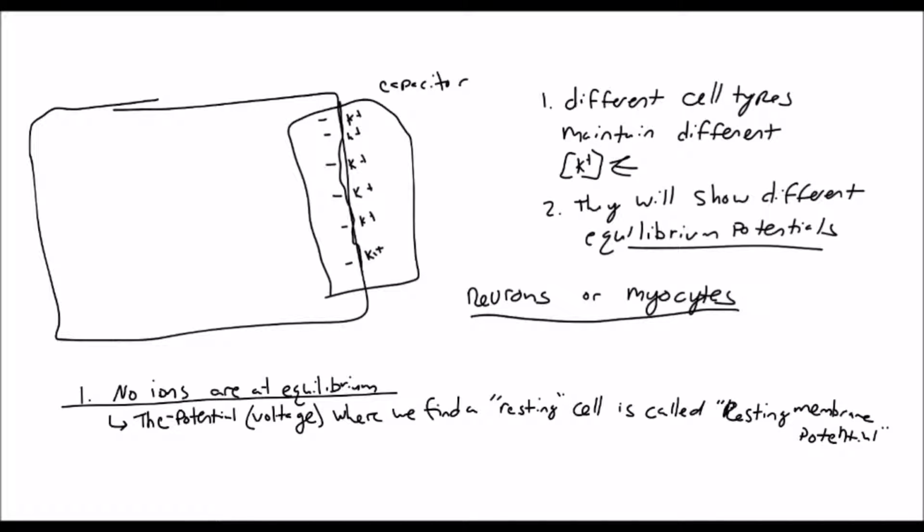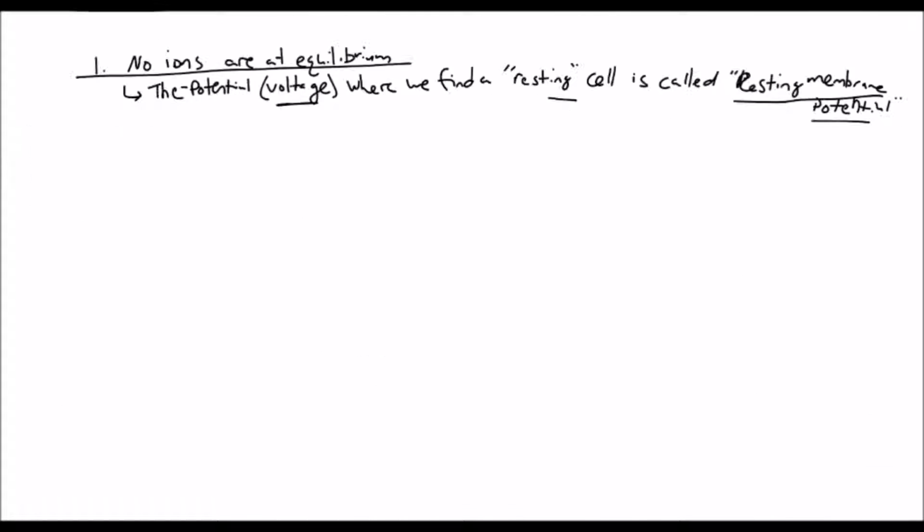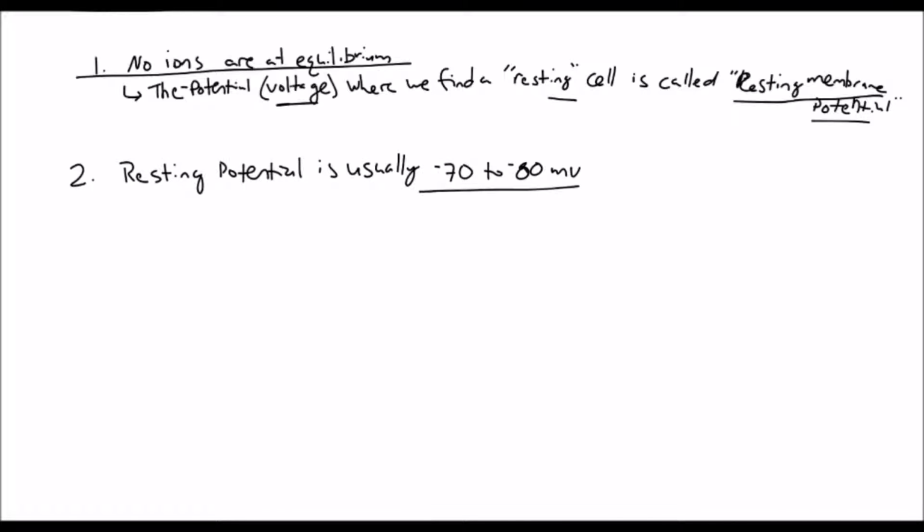So the place where we find a cell while it's resting, that's called the resting membrane potential. And every cell type is going to have a slightly different resting membrane potential, but most of the time this is studied in excitable cells such as neurons and muscle cells. And so we usually will find a neuron or a myocyte with a resting potential between -70 and -80 millivolts. This is near the potassium and the chloride concentration gradient equilibrium potential.